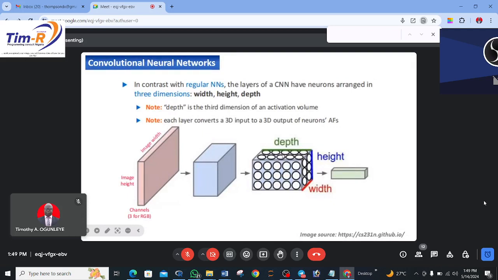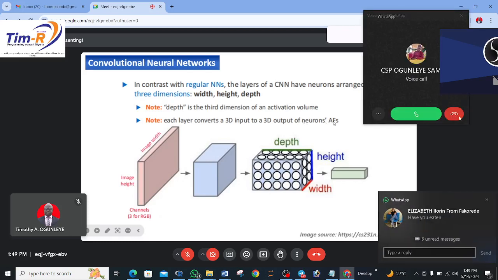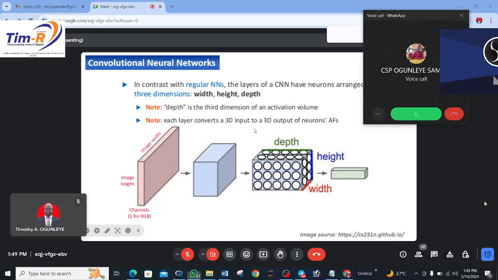Note that depth is the third dimension of an activation volume. Also take note that each layer converts a 3D input to a 3D output of neurons. That is for the activation functions, and we are going to see that.